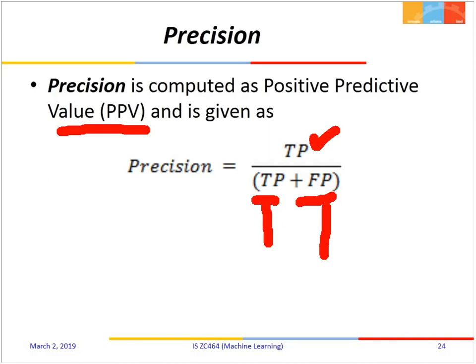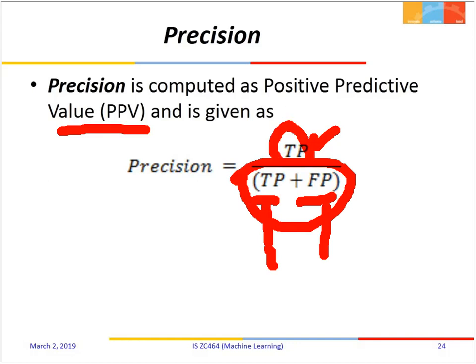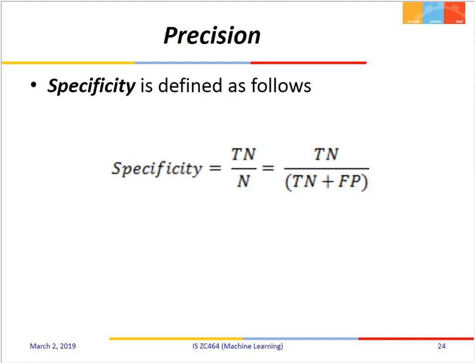But this doesn't represent P. Actually, TP is not equal to P. So in total, how many of them were recognized as positive? If you take this in the denominator and in the numerator you have true positives, that ratio is known as precision. So this is all the definition, and we go by the definitions first, and then we will look at other measures of accuracy of the classifier models.